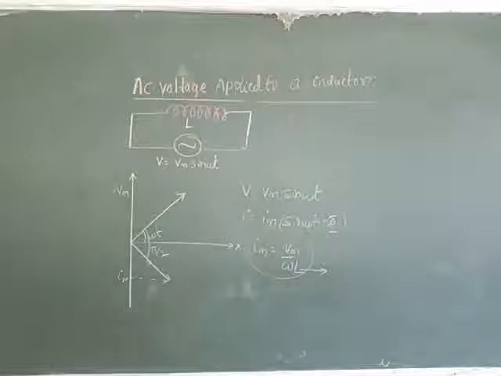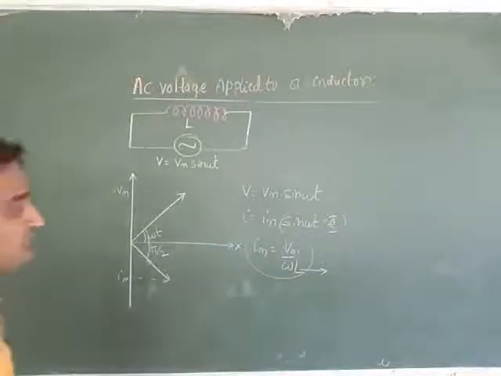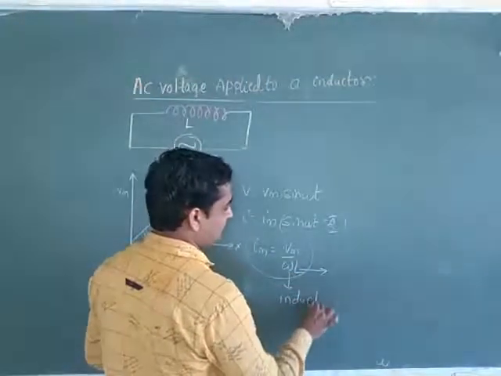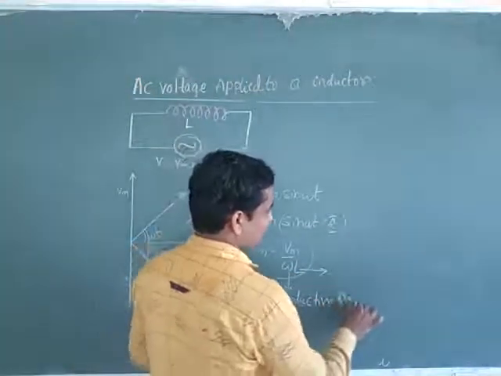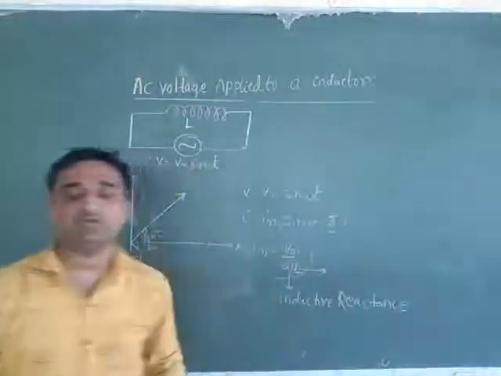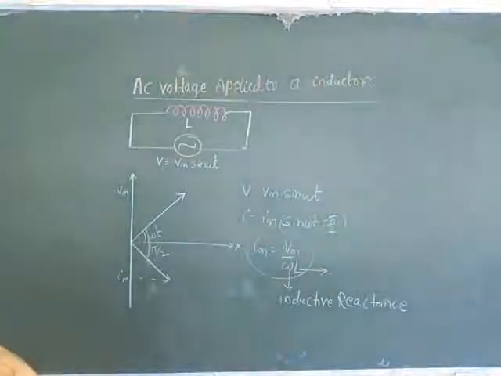In case of an inductor, we define the inductive reactance. This omega L represents the inductive reactance. What is meant by inductive reactance? Omega L is the inductive reactance, which is the opposition offered by the inductor to the flow of current.